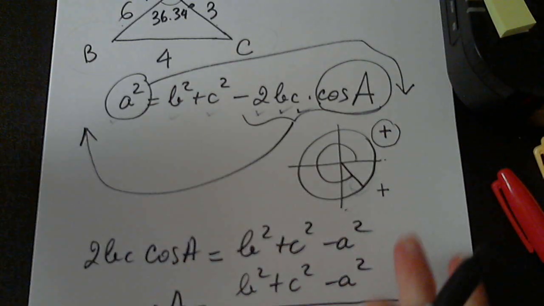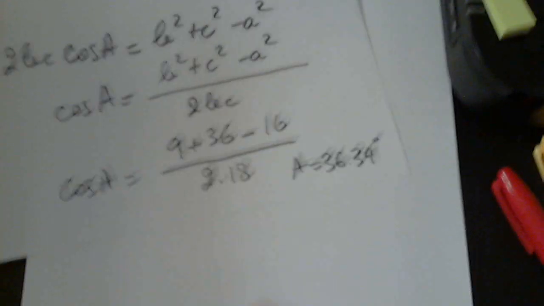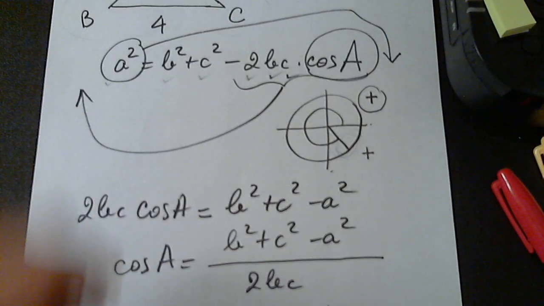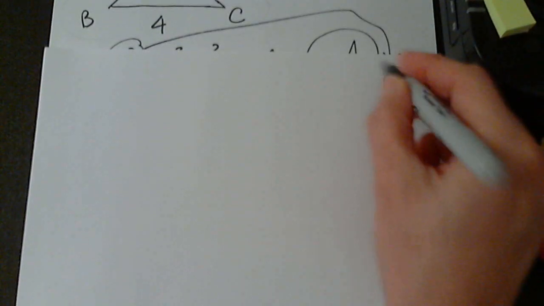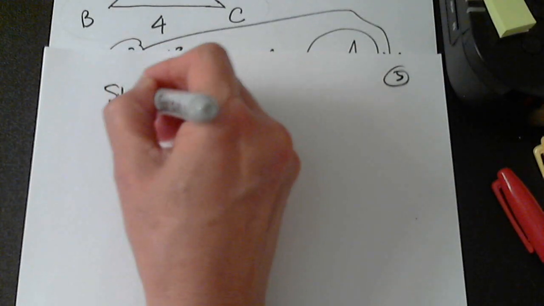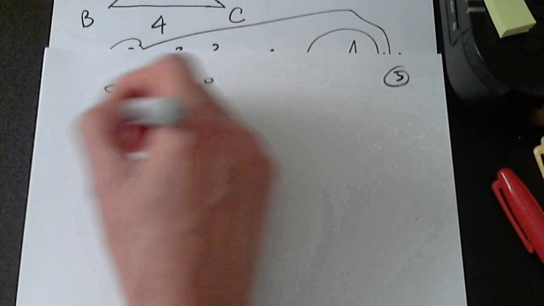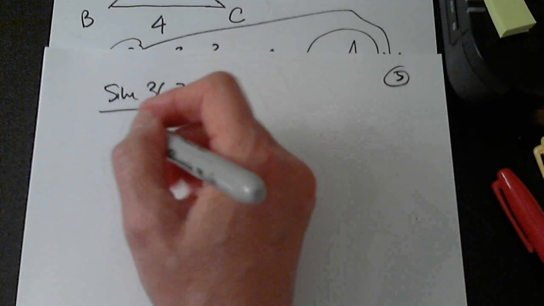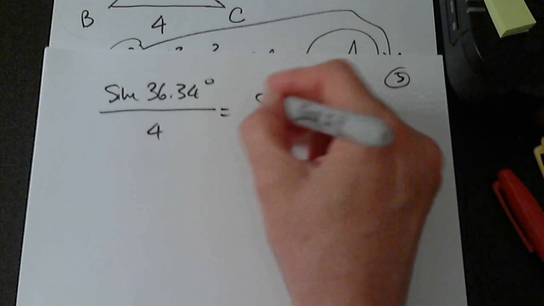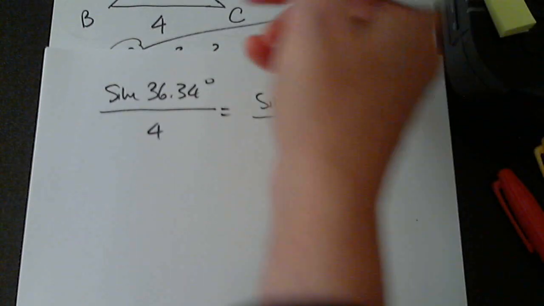Yeah. So let's use law of sines for which angle? It doesn't matter. We can write all of them. So we have sine 36.34 degrees over 4, of course, equals sine B over 3.